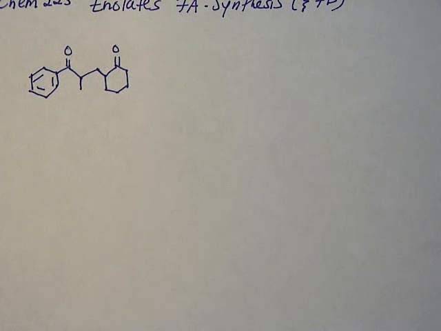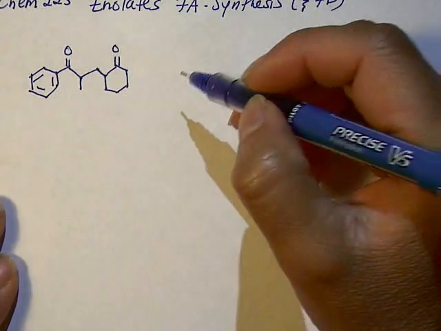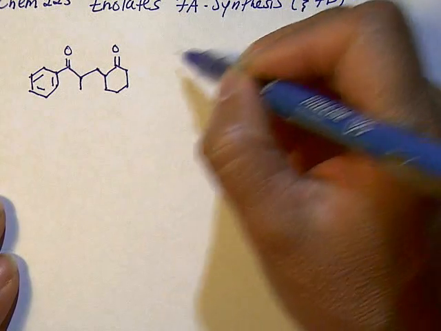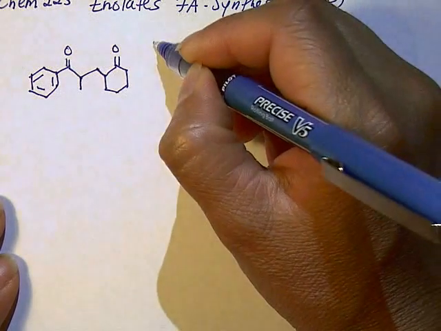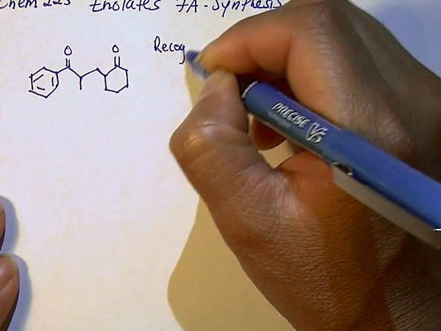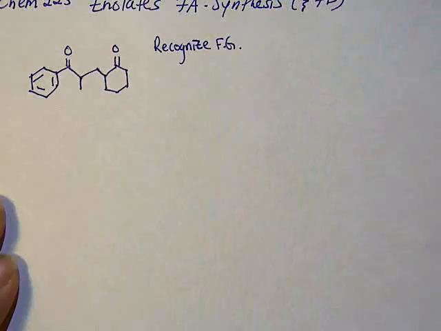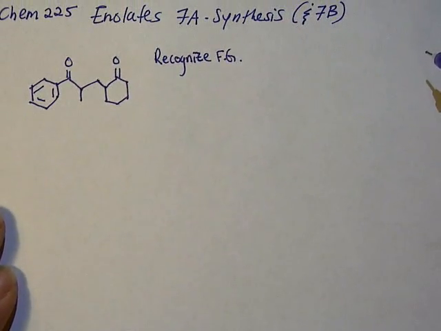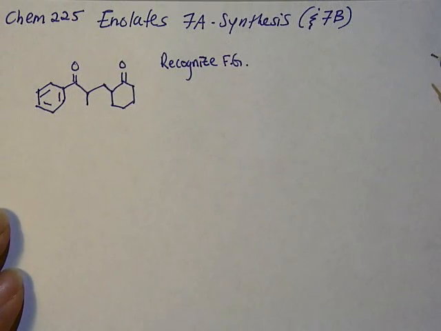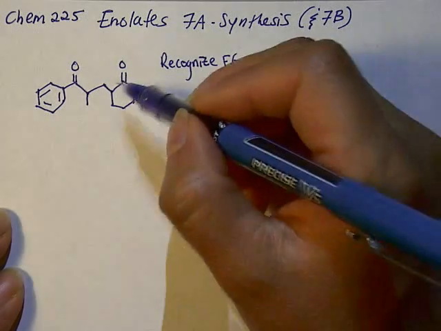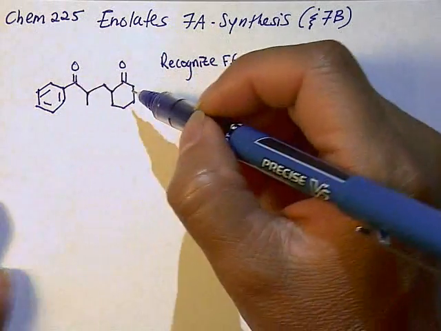That's what organic chemists do on a daily basis. They have a target and they try to come up with a way to do this. So first, you have to recognize the functional group, right? The functional group that you should recognize is not a monofunctional group, but is bifunctional.